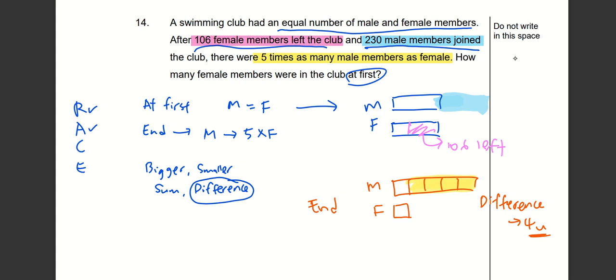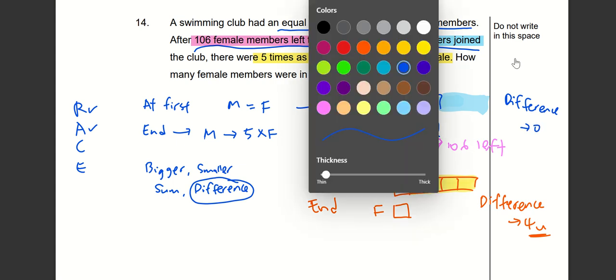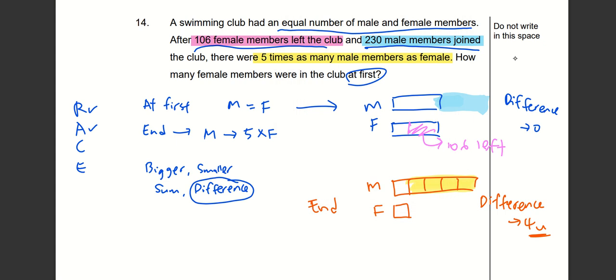Initially the difference was 0. Then you have this portion that came to join, 230 males joined. So now you have this new part that came in. Can you see what happened if I put these two models together?